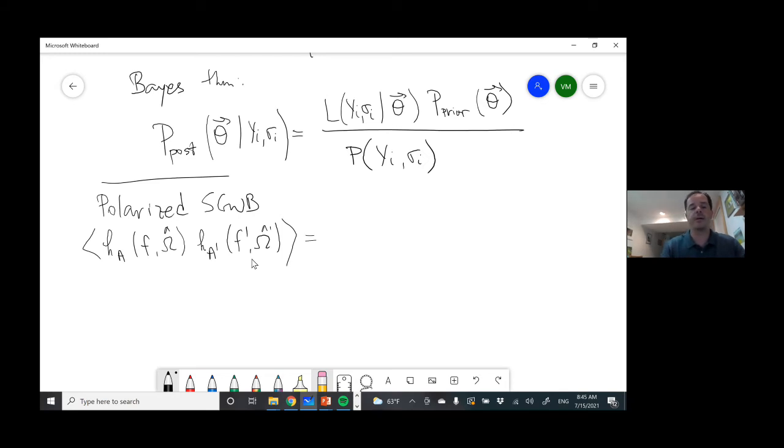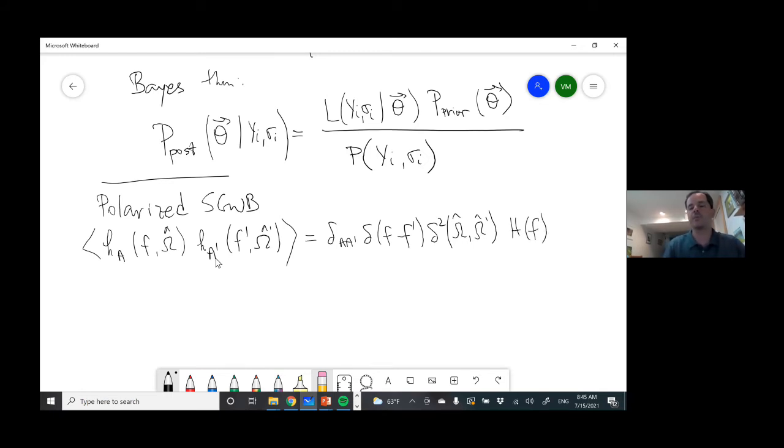So if I have a wave at frequency f traveling in direction Omega with some polarization A, where A could be plus or cross, the product of the amplitude of that wave with the amplitude of another wave at frequency f', direction Omega', polarization A', was given by delta_AA', delta of f minus f', the two-dimensional delta function between Omega hat and Omega hat', which is written in terms of the spherical coordinates theta and phi. And then at the end, we had h of f.